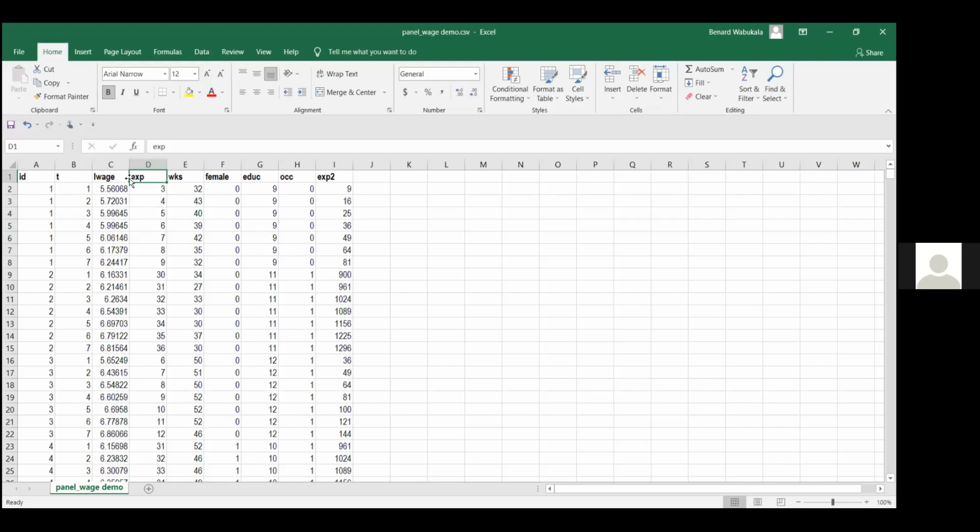Your experience is measured by the number of years that you've worked. WKS is the weeks that the individual has worked. And then they had a dummy variable, which is gender: 1 if the individual was a female, and 0 if the individual was a male.